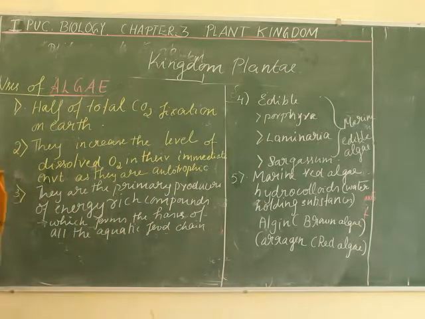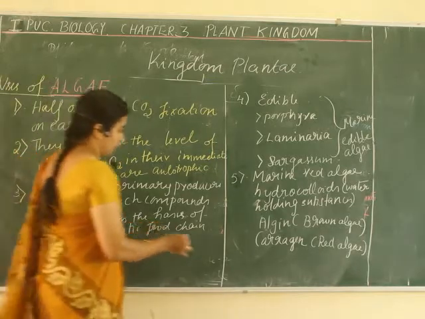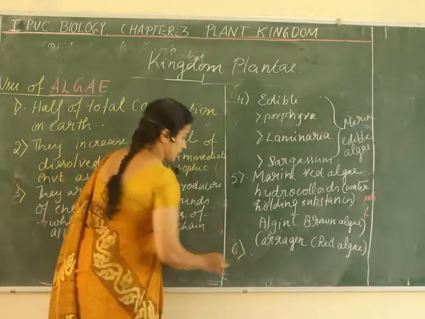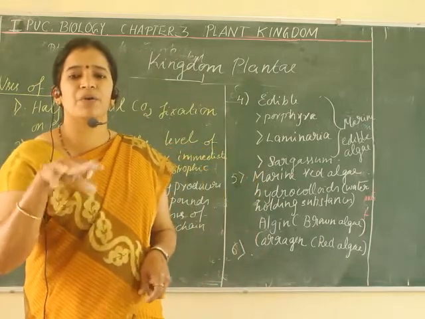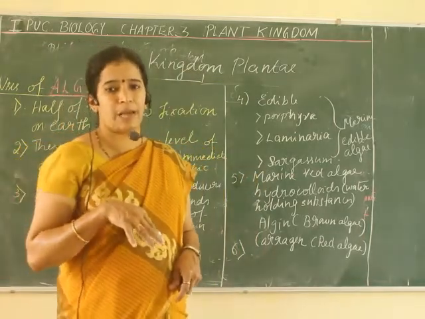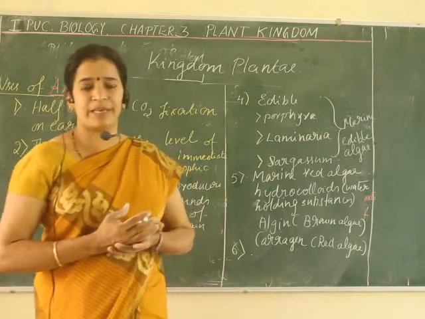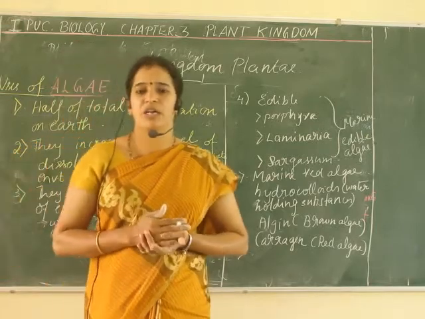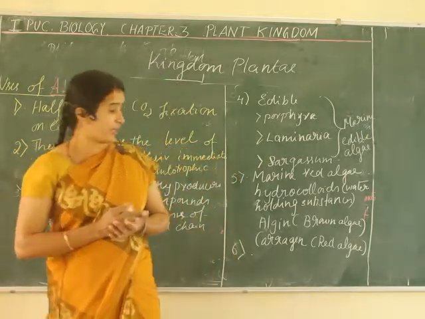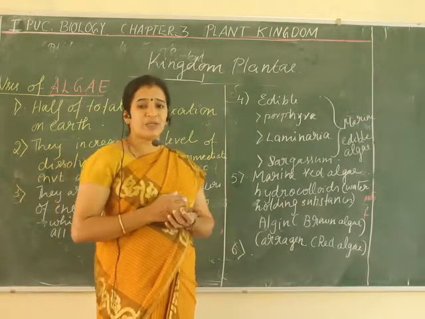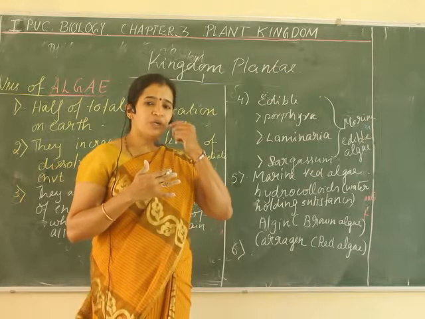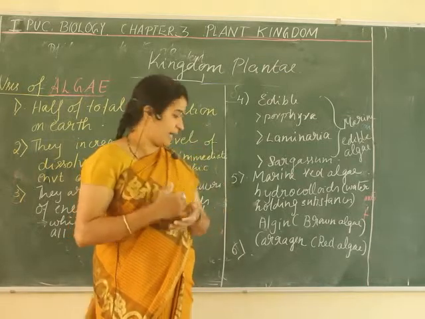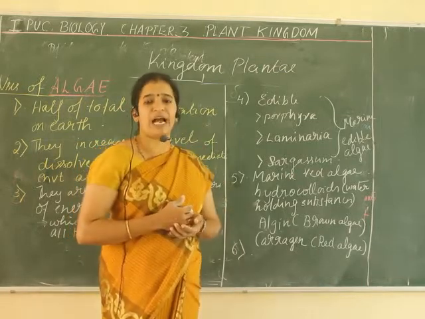Now the next use of algae is agar. Agar is a jelly kind of medium used for growing microorganisms in the lab. Microbiologists study bacteria or viruses, and some microorganisms can be grown using a plate. That plate is prepared using agar.